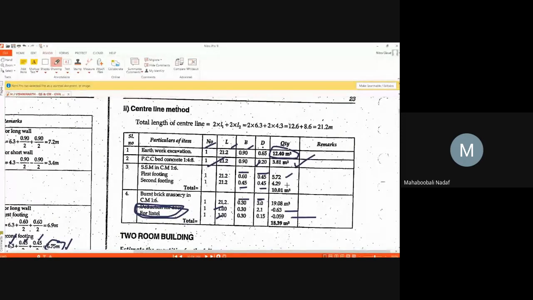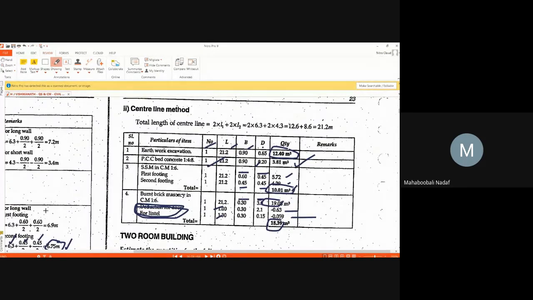Third, this and this, you are adding those two, 5.72 plus 0.4, you are getting 10. In the brick quantity, that is multiplication of this, that is 19.08. In that you are going to deduct these two items, you are going to get 18.39 as the brick masonry quantity.